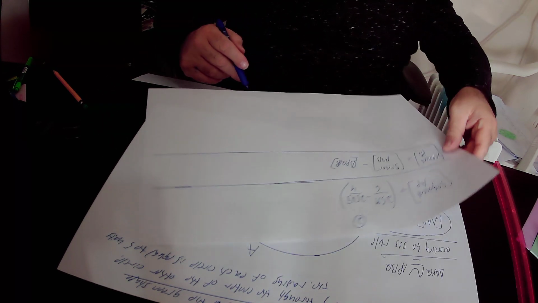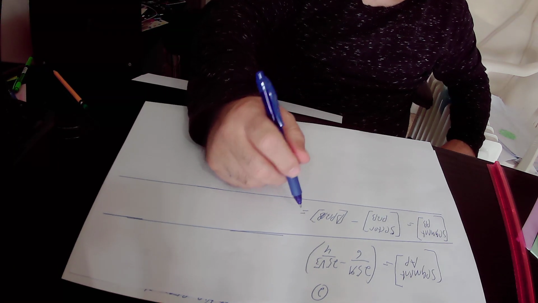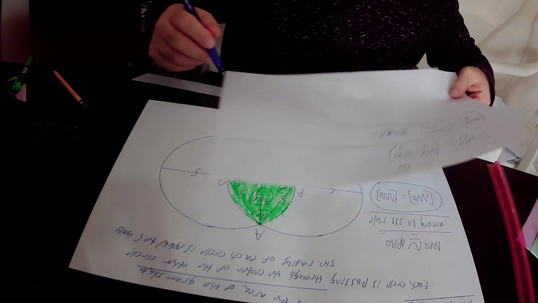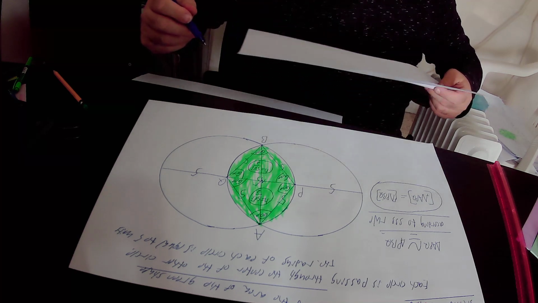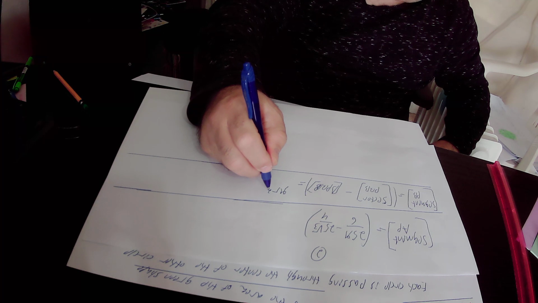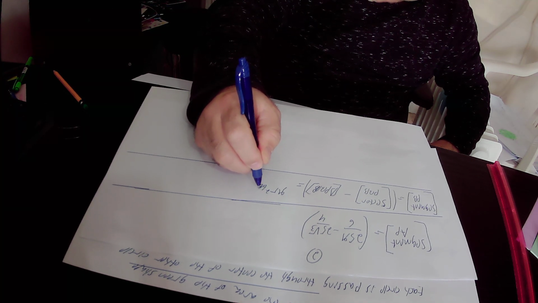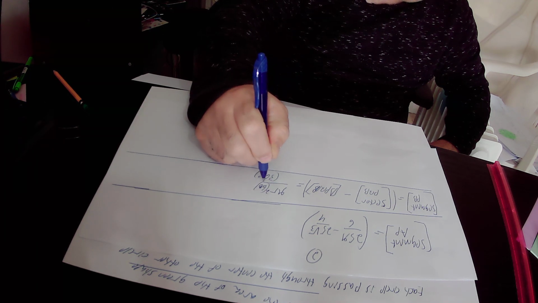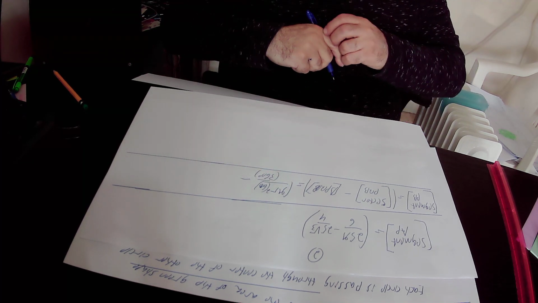So the area of segment PB equals the area of sector PQB, and the area of sector PQB equals pi r squared times 60 degrees over 360 degrees, minus the area of triangle PQB.